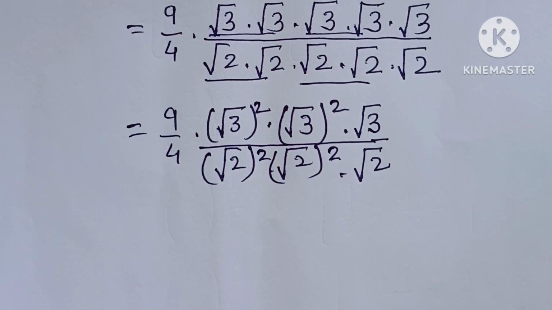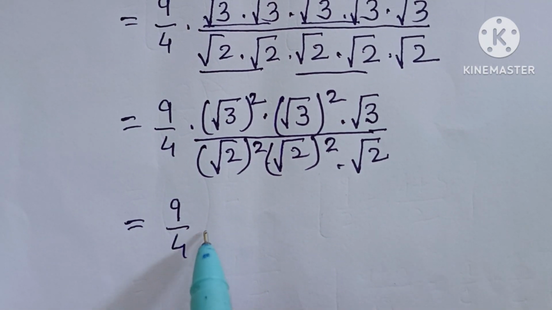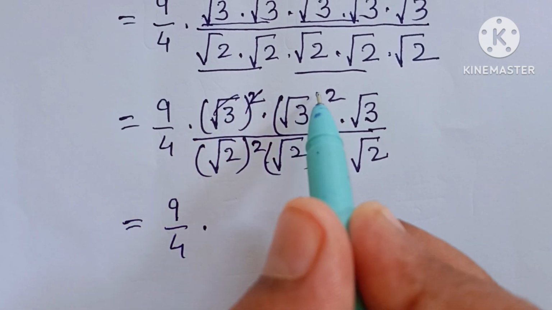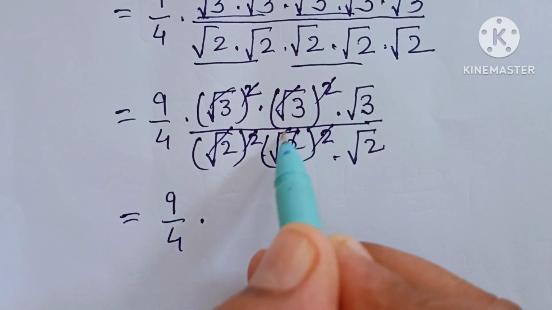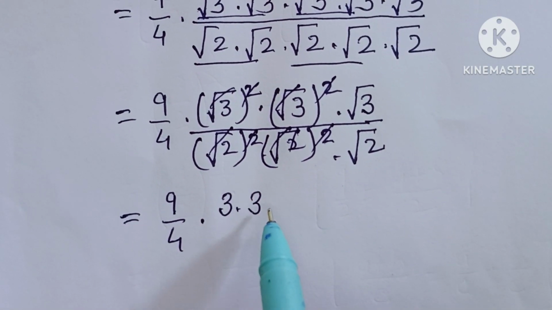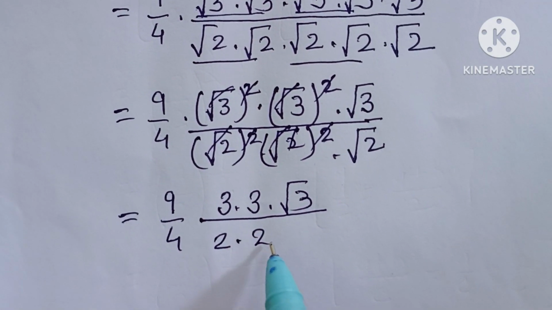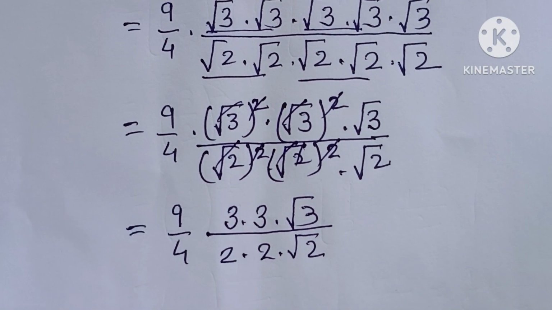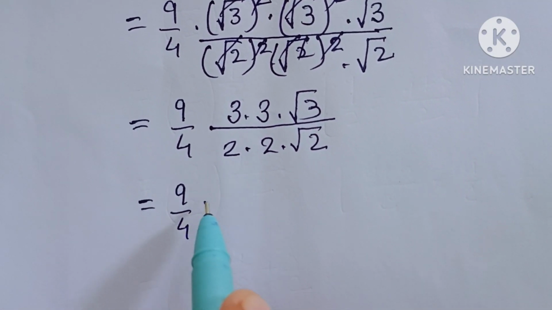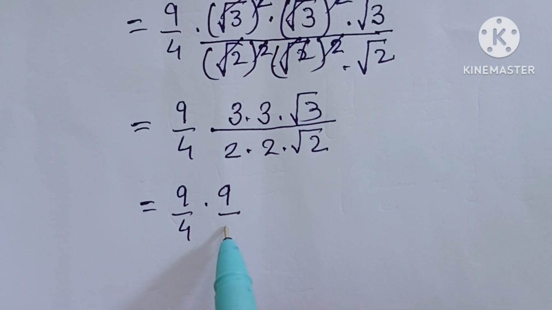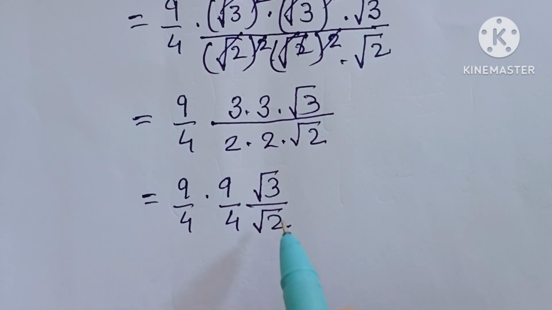Now 9/4 into, the square root will remove, square root will remove, 3 into root 3, here 2 into root 2, is equal to 9/4 into 9/4 into root 3 by root 2.